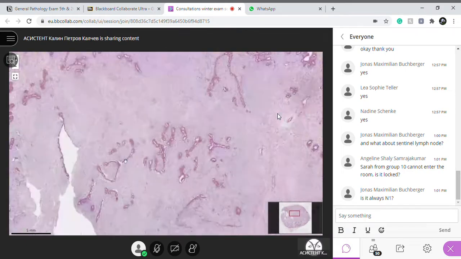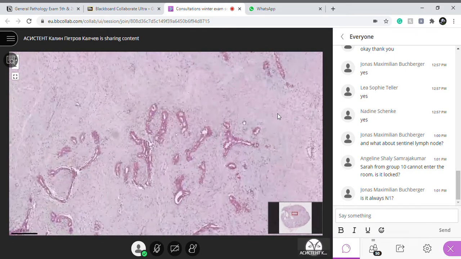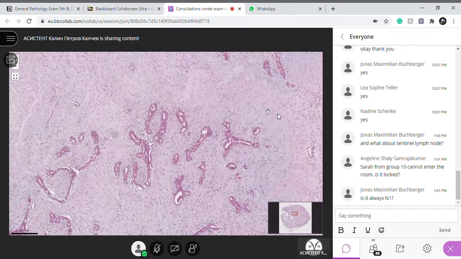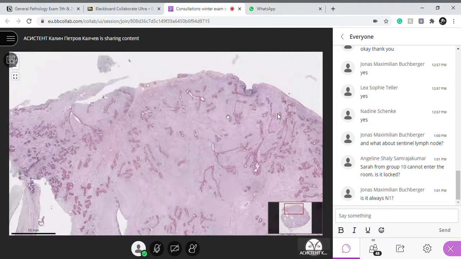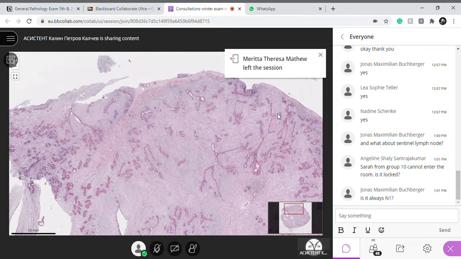Another very typical feature of this tumor is that the stroma around the glands has this bluish shade. Well, this is a reaction to that epithelium here.